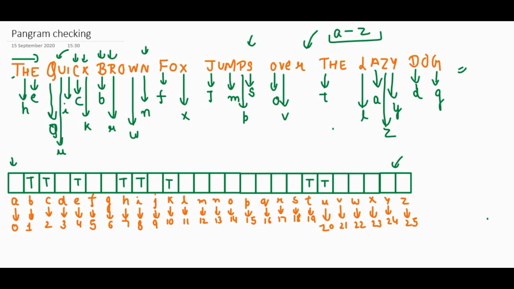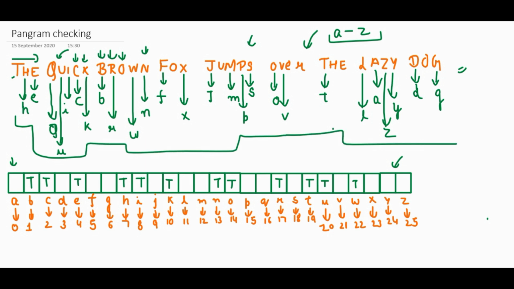R, making it true. O, true. W, true. N is true. And same way when I continue, as I have written here as well, all the letters in this sentence are present. Okay, from A to Z. So all the elements in this array will become true till we reach the end.